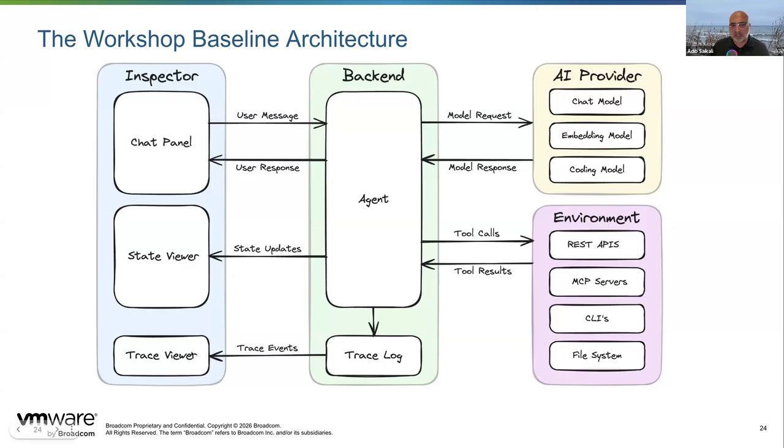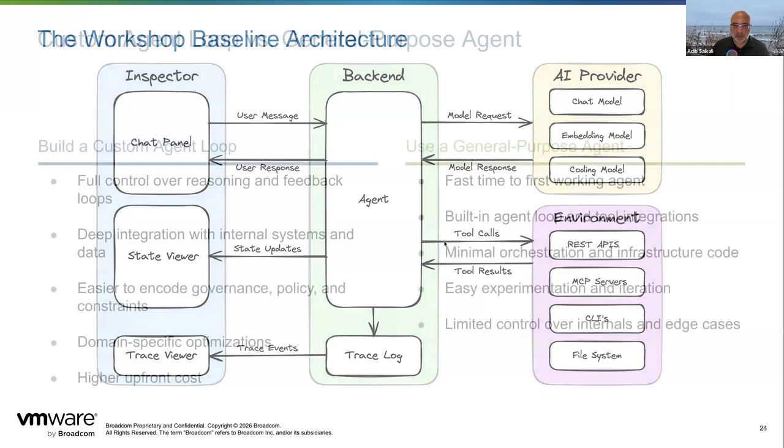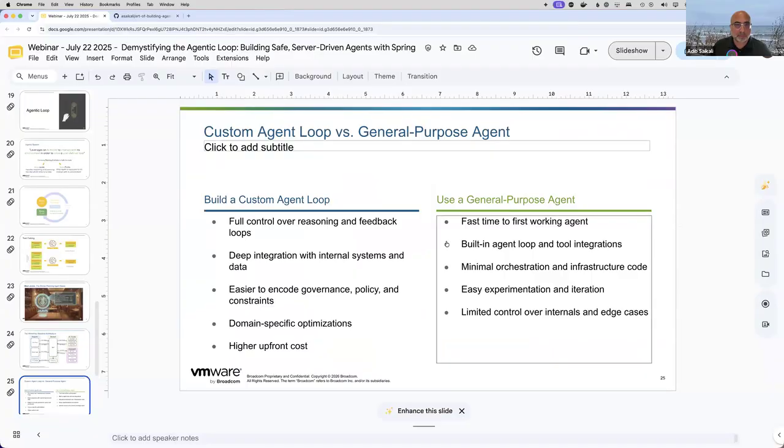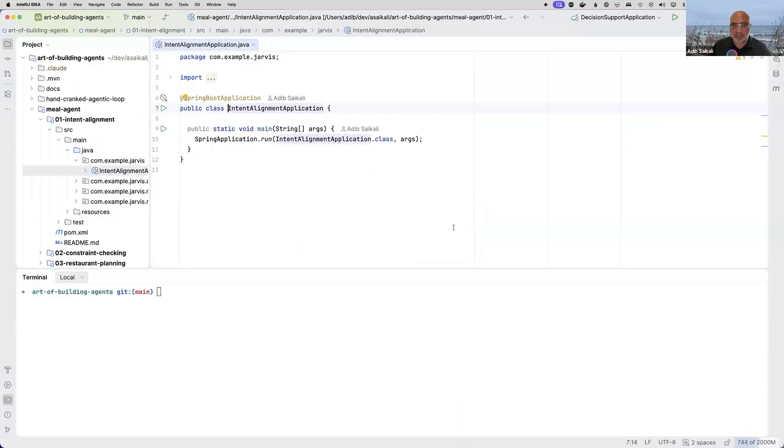And there's a trace viewer that lets you see what the agent has been up to and how it's making its decisions. And then the agent itself is going to call out to ChatGPT in this case. So that's the AI provider. And then for the environment, we have a bunch of tools that I've included that we will be able to do the scenario with. Okay, so let's switch to the IDE.